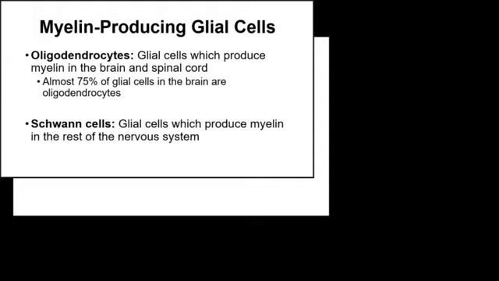We also have Schwann cells, which are glial cells that produce myelin in the rest of the nervous system. So it's nice and easy to tell the difference between these two because of the location. So if I comment that there is a myelin-producing glial cell and it's in the brain, you can assume that it's an oligodendrocyte. If I state that it's in the arm, then you know that it's a Schwann cell.